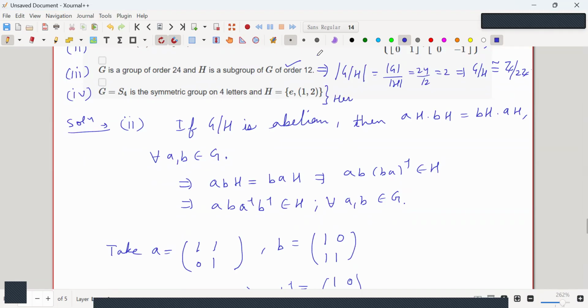Here H is not normal in G, and this implies G mod H is not a group.